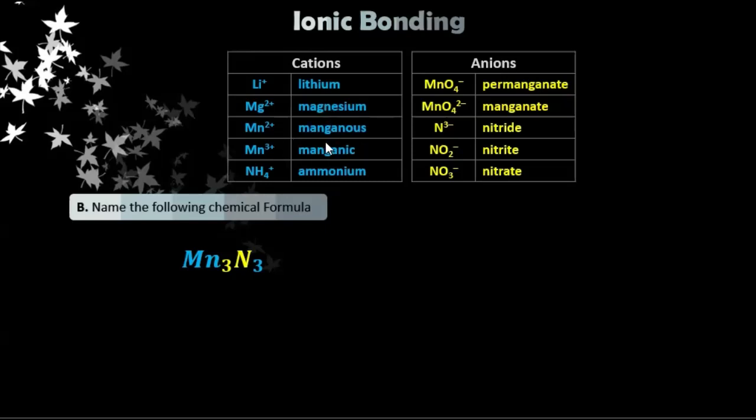Now, which is which? Take note that the subscript of our anion is the charge of our cation. Since we have 3 as the subscript of N, therefore Mn has the charge of 3, which is called manganic.